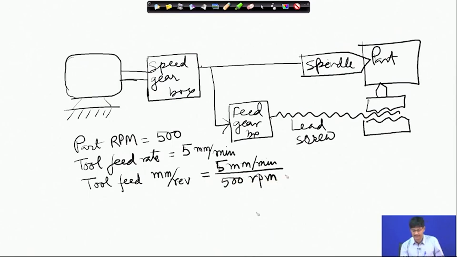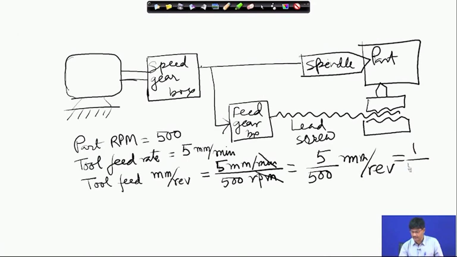Per minute cancels, per minute cancels. So, we have this equal to 5 by 500 millimeters per revolution. That is of course 1 by 100, 0.01 millimeters per revolution.